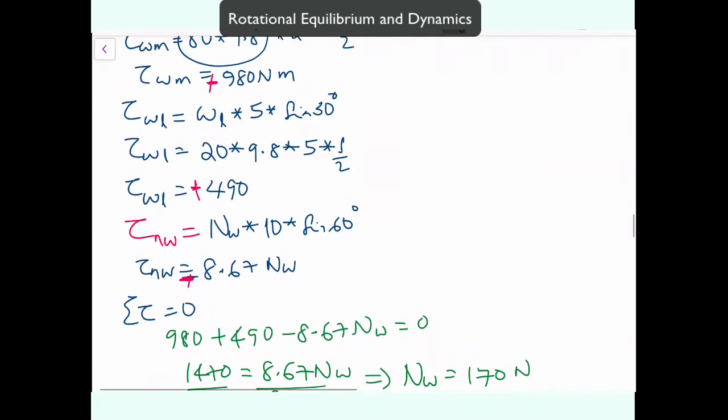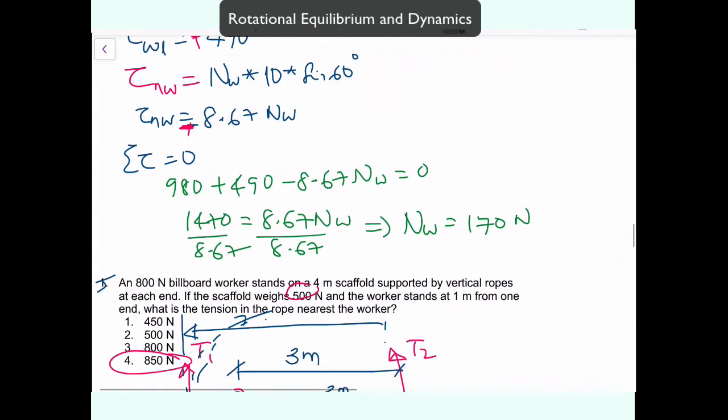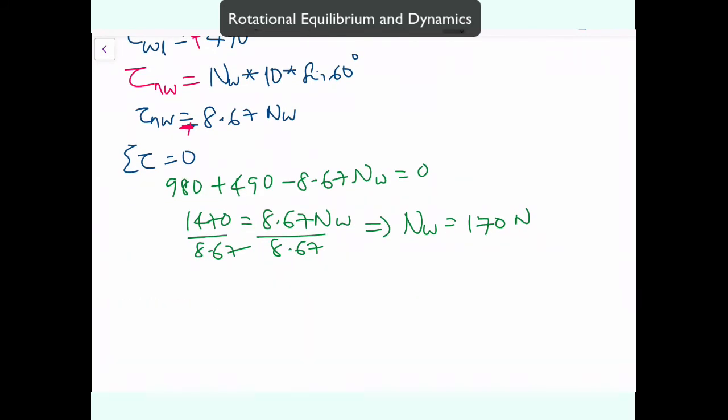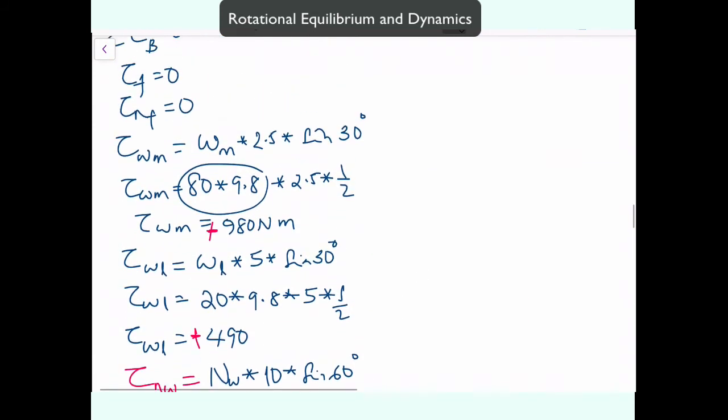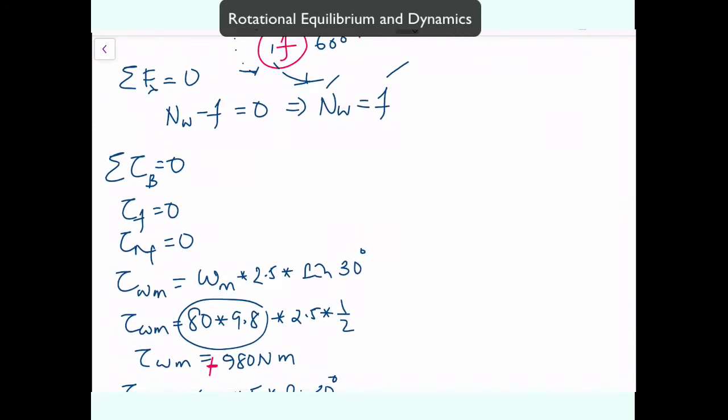But you may say, we just found NW, we didn't find F or the frictional force. But don't forget that from the force equation we found something, which is that the normal force on the wall is equivalent to the frictional force.